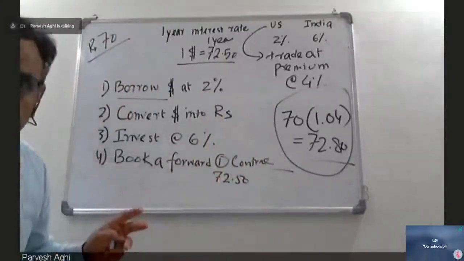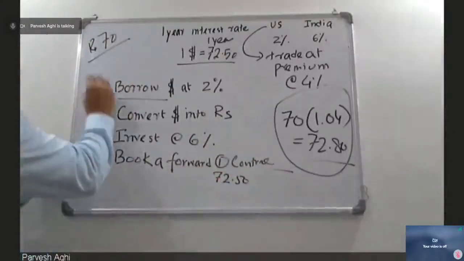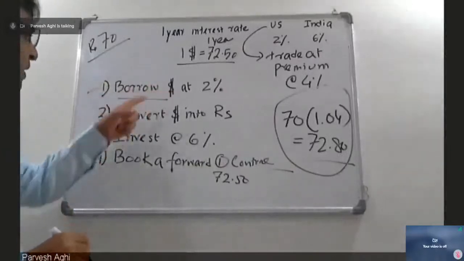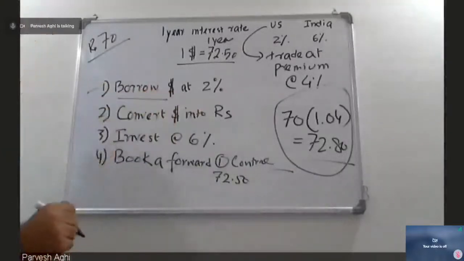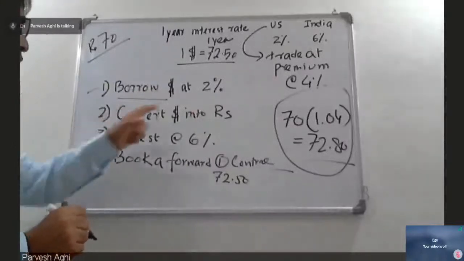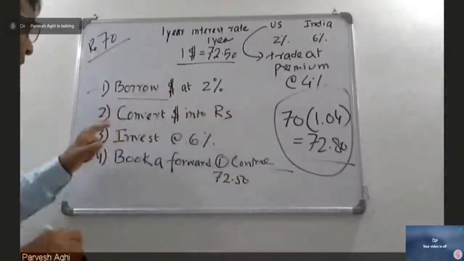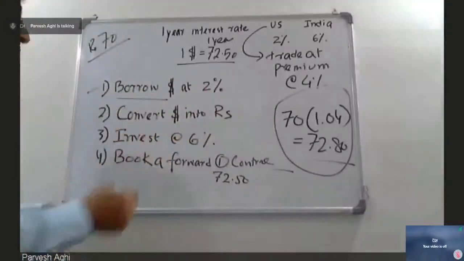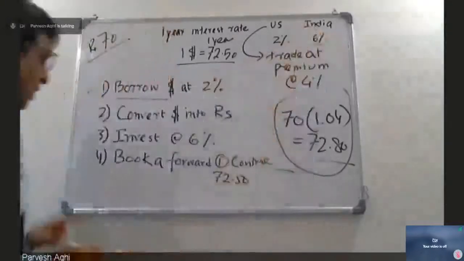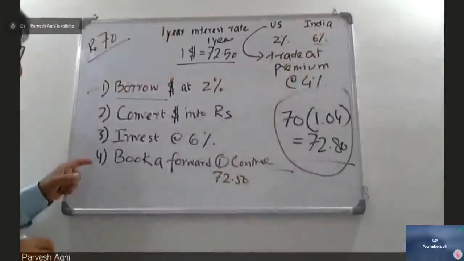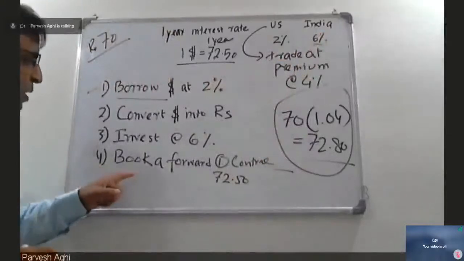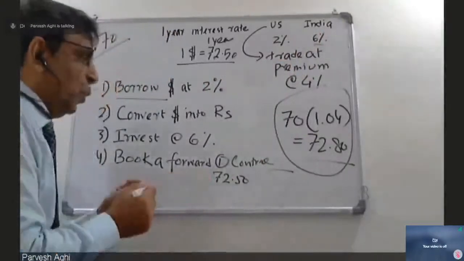So what will you be doing? The first thing you will be doing is borrowing US dollars at 2%. Second, you convert this dollar into Indian rupees. Okay, fine. So it will become 70 rupees for you. Then invest that at 6% in India because you get 6% return. But at the same time, on the same day, when all these things are done, you book a forward contract because you want to take your money back.